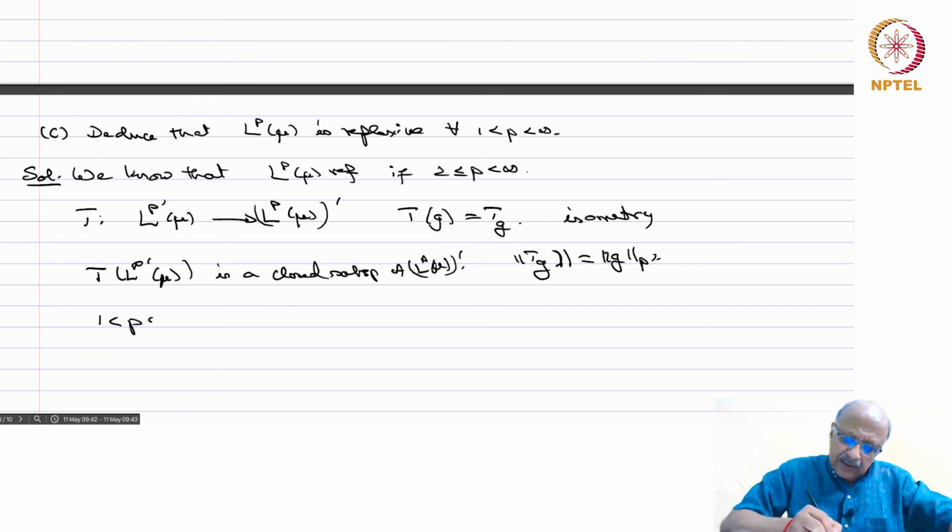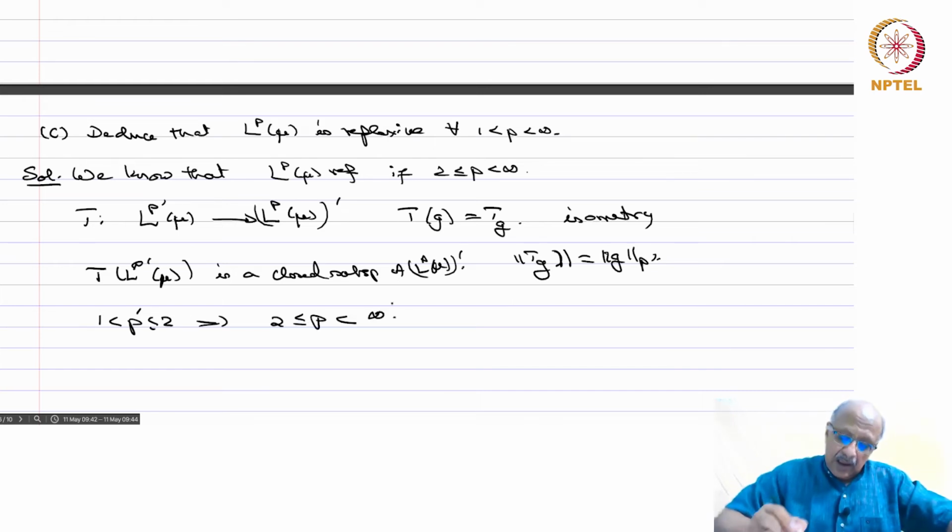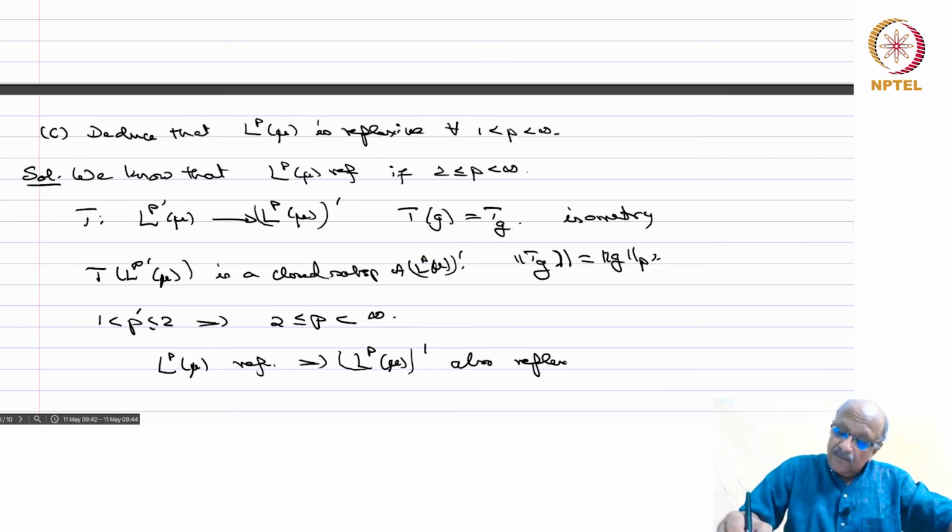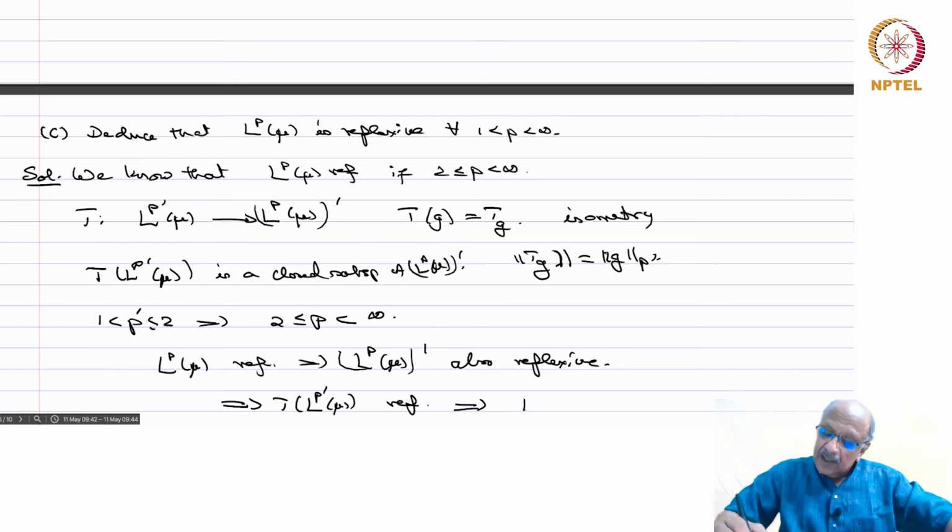And if 1 < p ≤ 2, this implies 1 < p' ≤ 2, this implies 2 ≤ p < ∞. So this means that L^p(μ) reflexive implies L^p(μ)' also reflexive, and this implies T of L^p'(μ) reflexive implies L^p'(μ) reflexive, because T is an isometry.